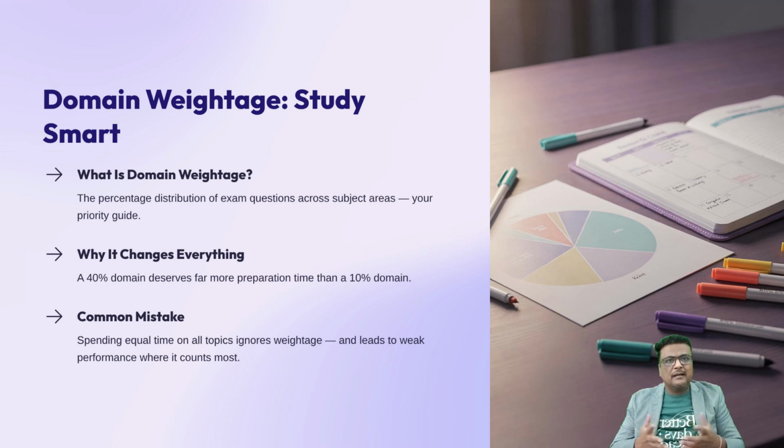If one domain represents 40% of the exam and another represents 10%, your preparation strategy should reflect that difference. I once coached a professional who spent equal time on all topics, ignoring weightage. The result? Weak performance in the most heavily tested domain. You've probably seen how effort doesn't always equal impact. Stay with me here. Study smart, not just hard.